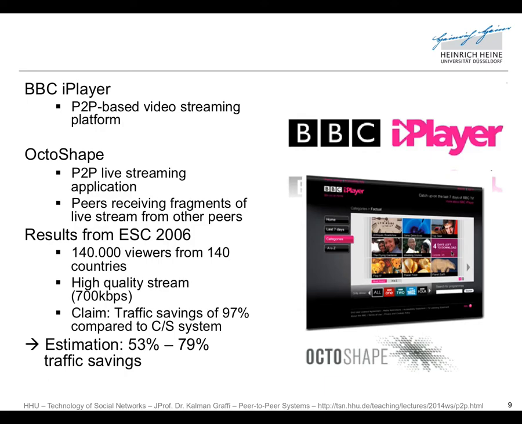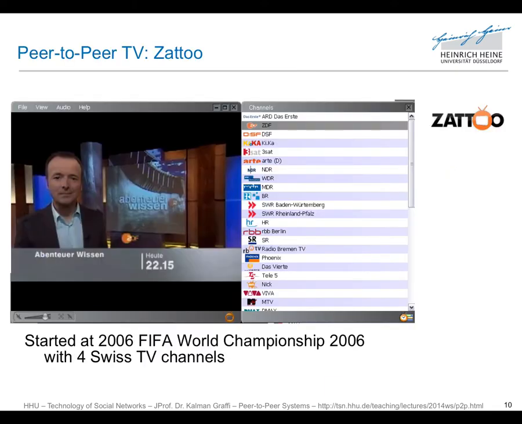So if you want to save bandwidth, this is a way to go, to really use the upload capacities of the nodes. This is how Saturio looked. I'm not sure whether it still looks like that, but it was very popular. Nowadays I think it is no longer peer-to-peer.